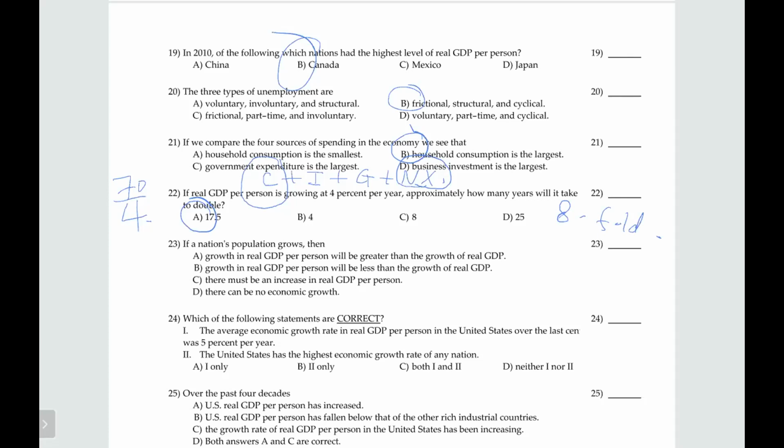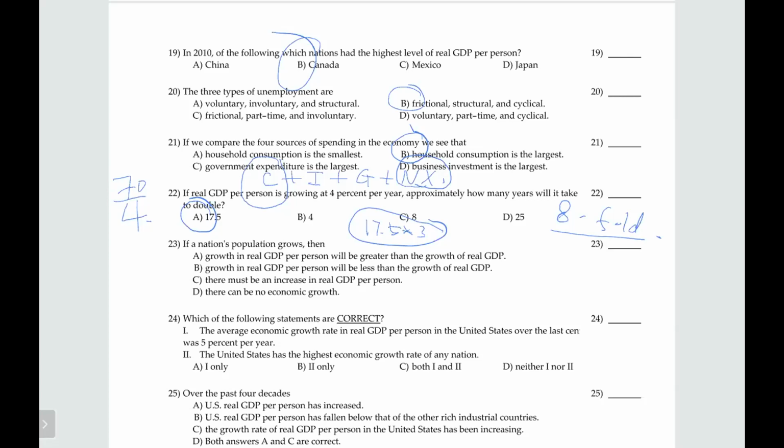We need to realize that for 8-fold, you need to double 3 times. So the answer is going to be 17.5 times 3. That's the number of years it will take to make your GDP per person increase 8-fold.